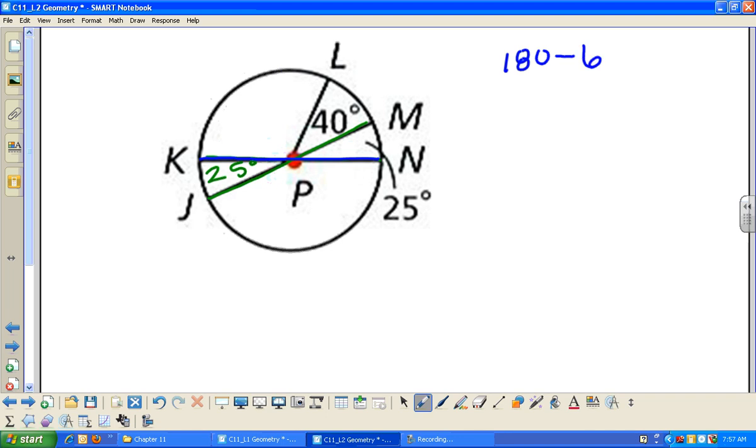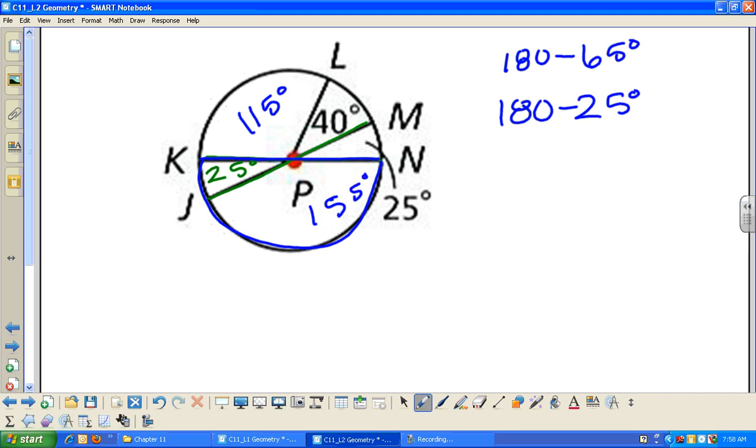So 180 minus 65 degrees is equal to 115. Same goes for angle JPN. Since this is a straight line, it creates a semicircle, which will be 180. So 180 minus 25 degrees gives 155 degrees.